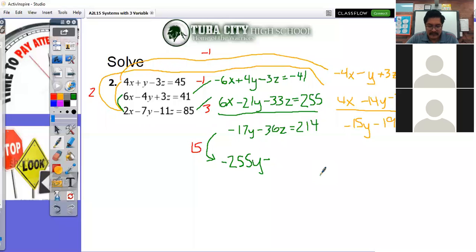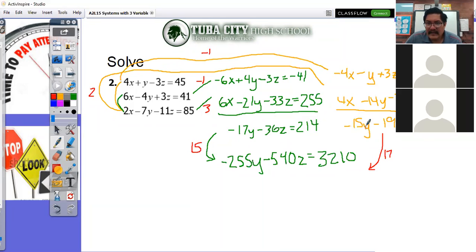And then 36 times 15. And now 214 times 15. $3,210. Now I'm going to have to take this bottom one, or this one here, and multiply it by 17.